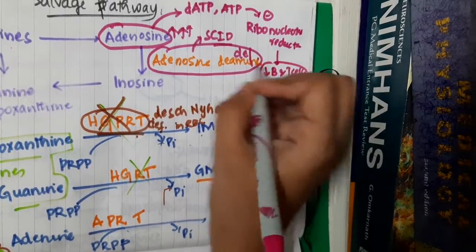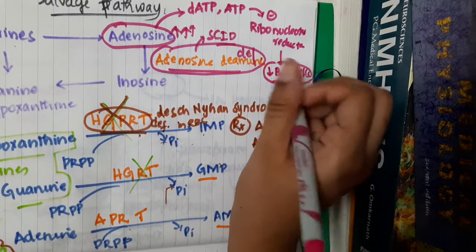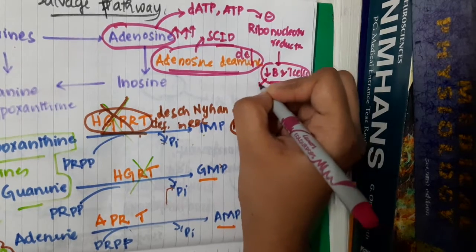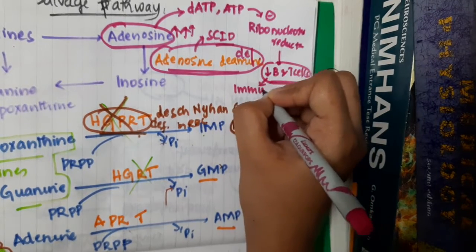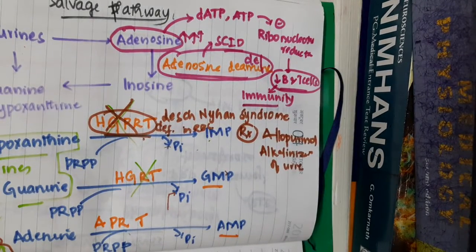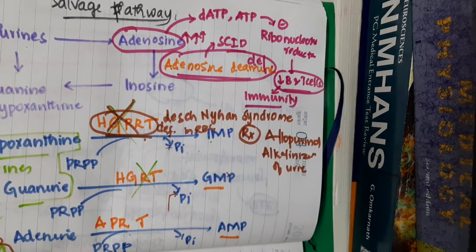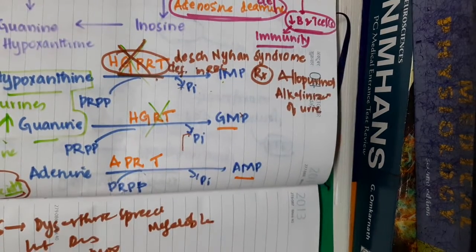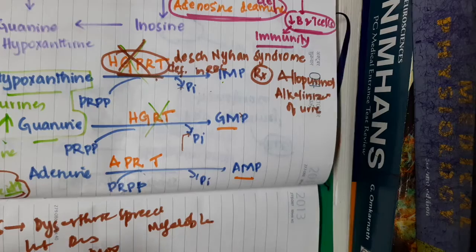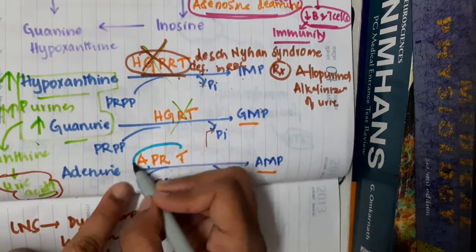So because of this ADA deficiency, there will be decreased B and T cells. Obviously, when there are decreased B and T cells, there will be immunity issues in the patient suffering from adenosine deaminase deficiency. Right?